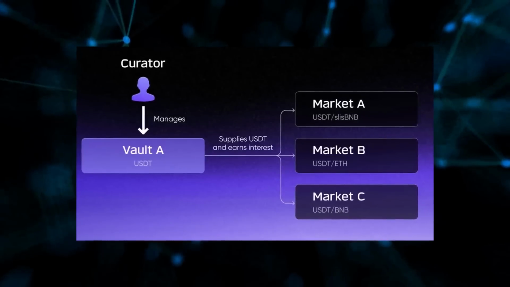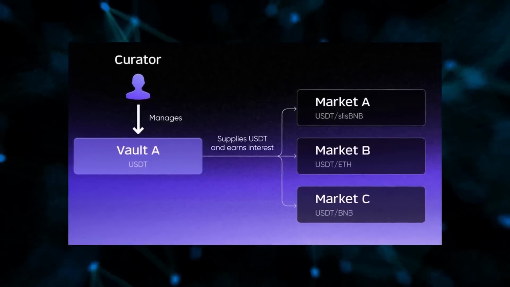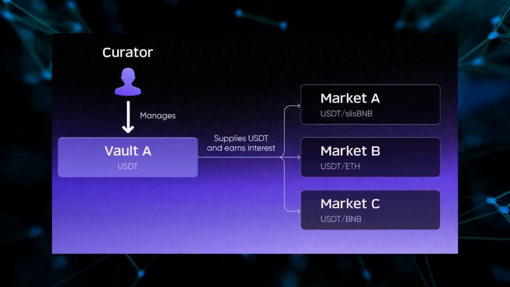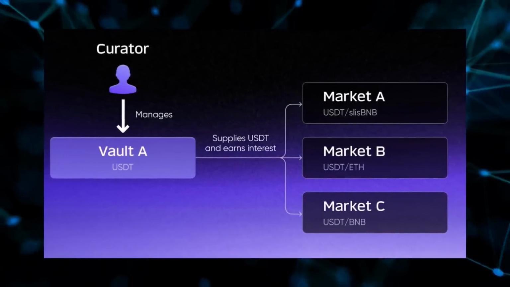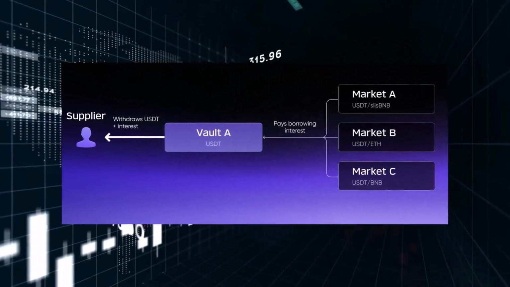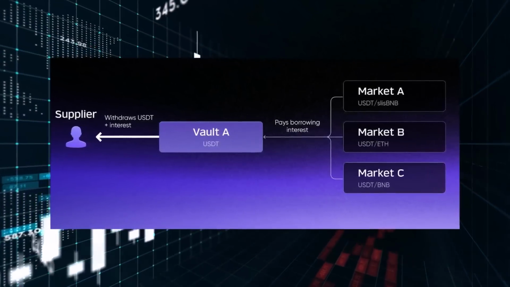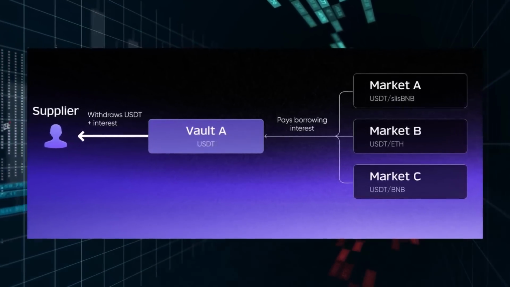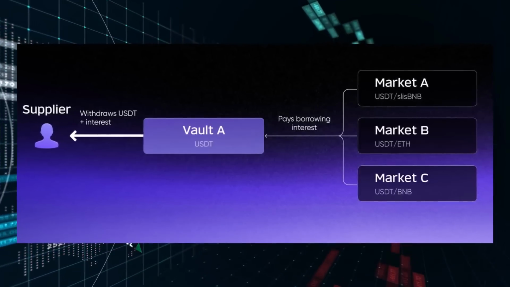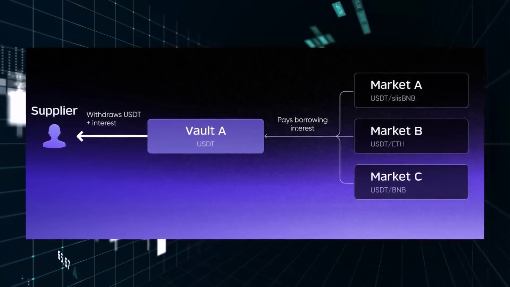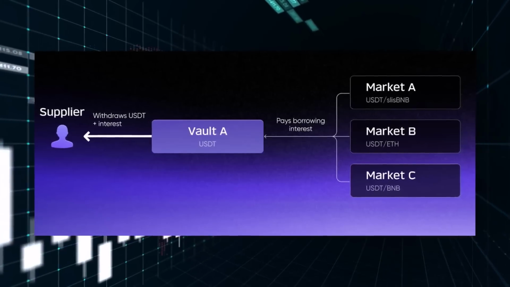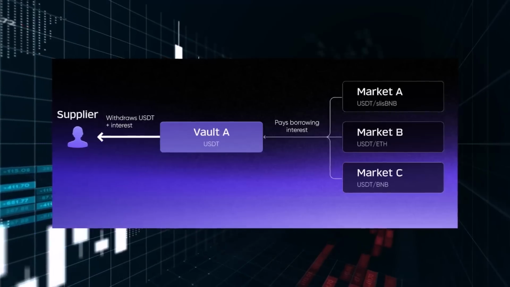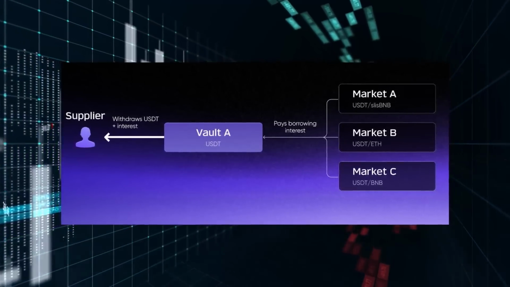And each vault can have multiple markets, and interest rates in each market are automatically adjusted based on supply and demand. Suppliers place a credit asset such as USDT in a vault of their choice. Each vault has only one type of credit asset that can be deployed in multiple markets. And once deposited, the vault allocates the credit asset to these markets to generate income over time.